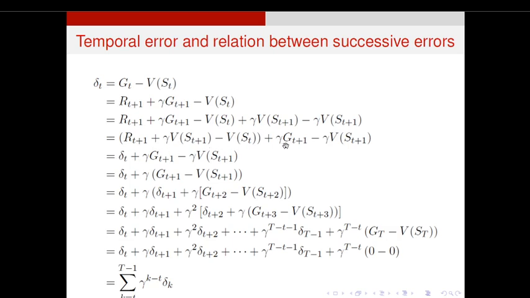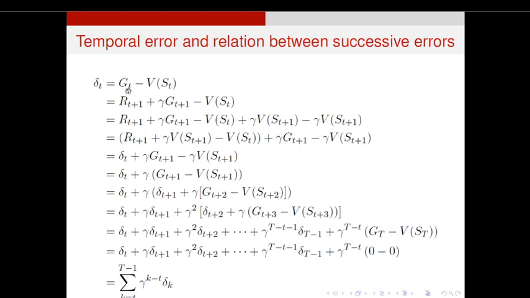The remaining terms are gamma G_{t+1} minus gamma V of S_{t+1}. What is common in these two terms? We can take gamma outside. So delta t plus gamma into (G_{t+1} minus V of S_{t+1}).